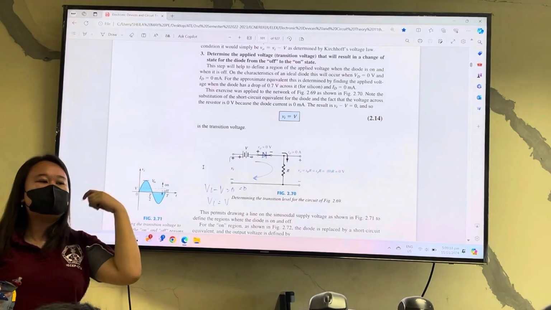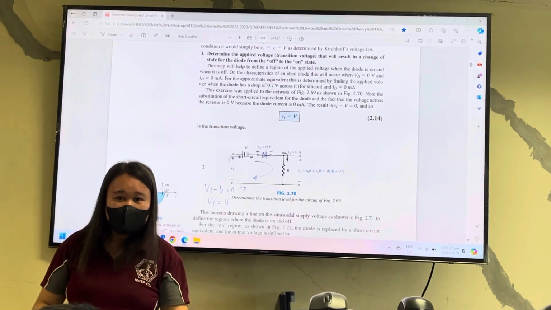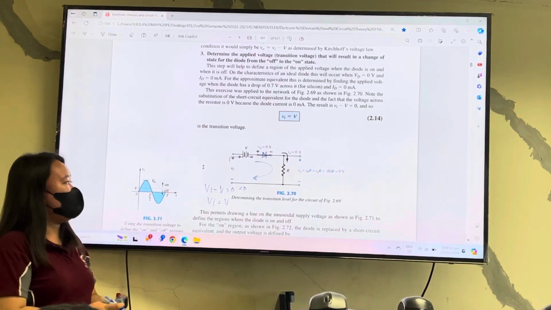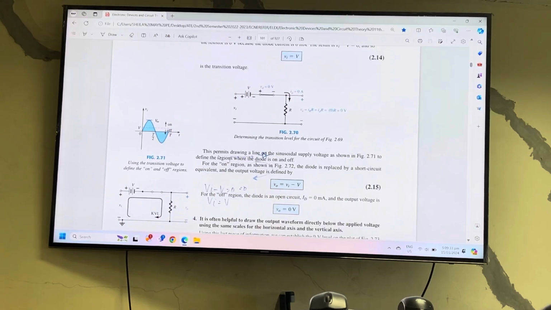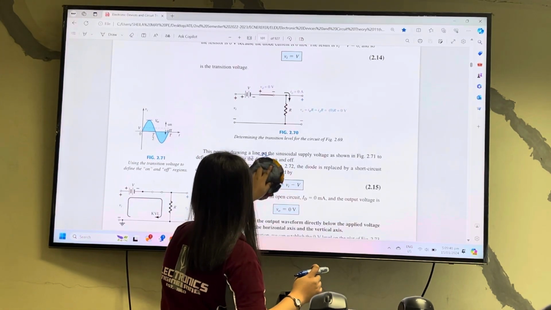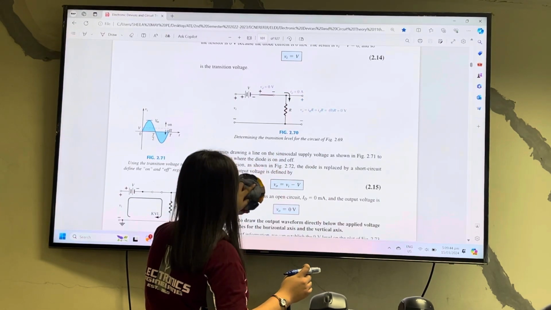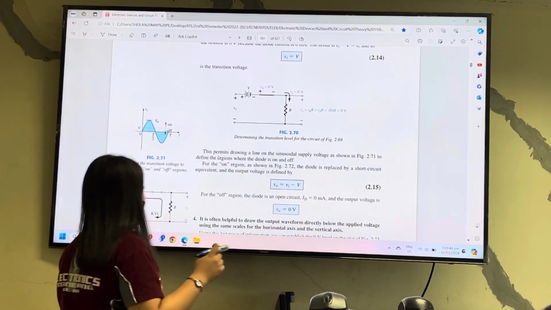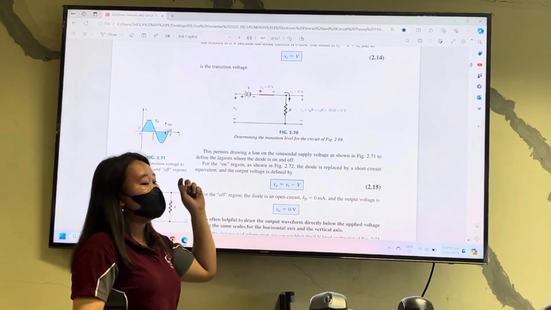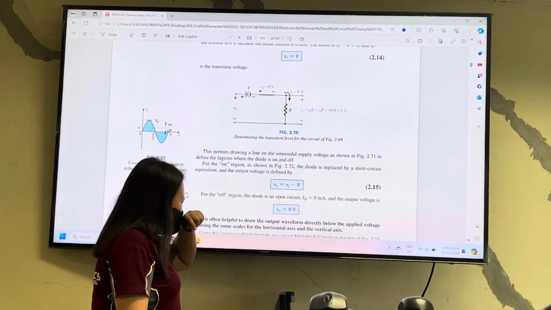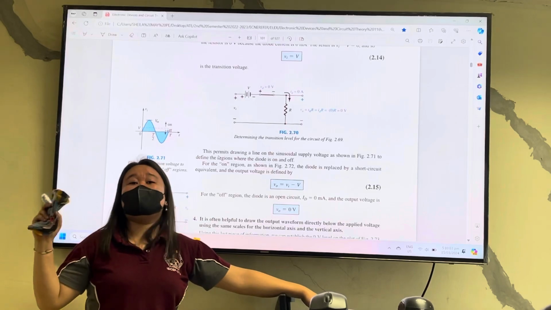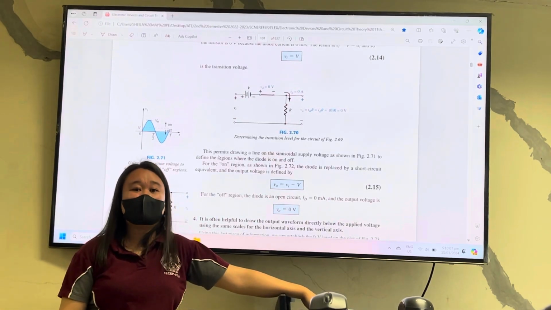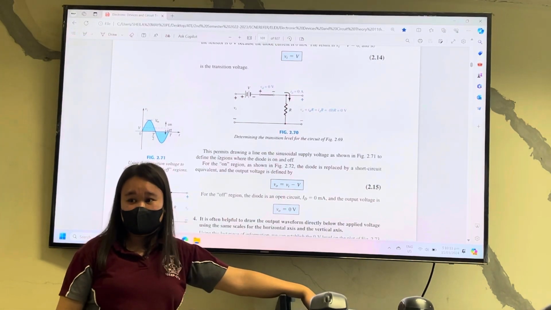Now, after finding the transition voltage, we look at its off state, on state, and then off state. In the on state, it no longer matters that the diode is automatically reverse biased. We go back to the regular forward and reverse bias conditions, on state, off state.